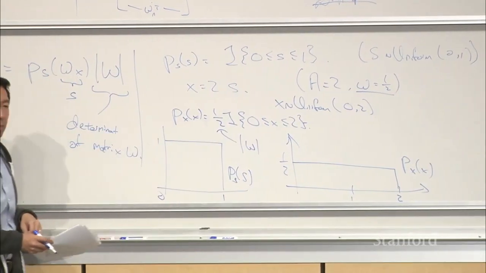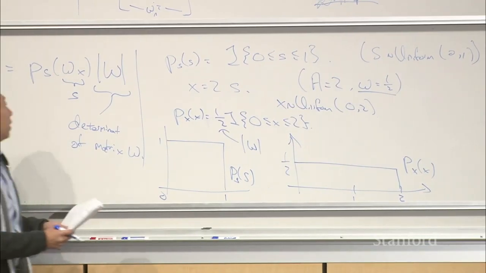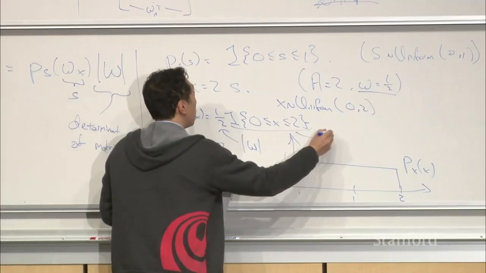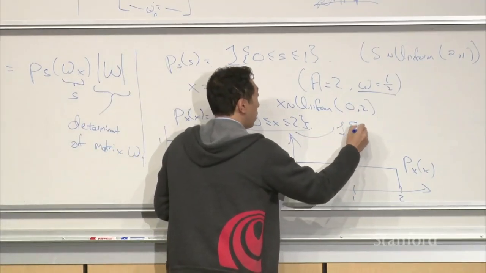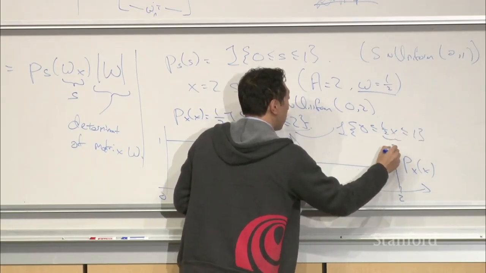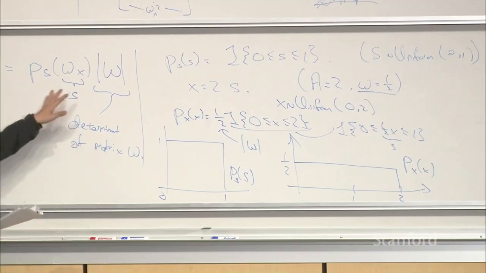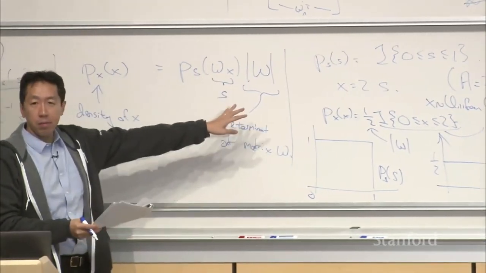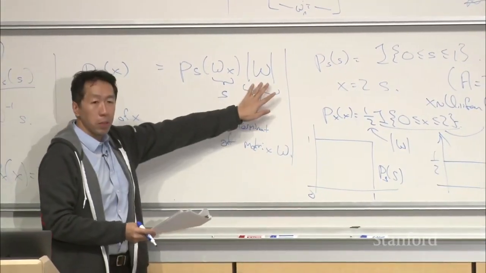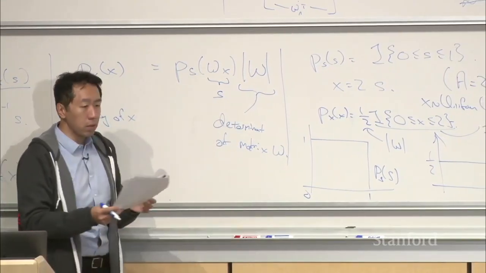So this is the indicator 0 less than or equal to 1/2 x less than or equal to 1, since that's s. So this is an illustration showing why this is the right way, with the determinant of W multiplied in here, as a way to compute the density of x.